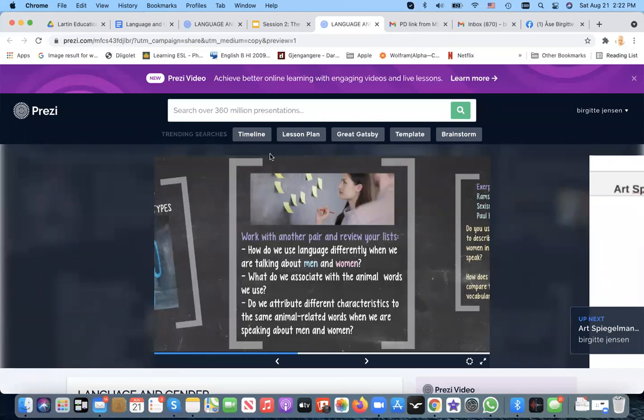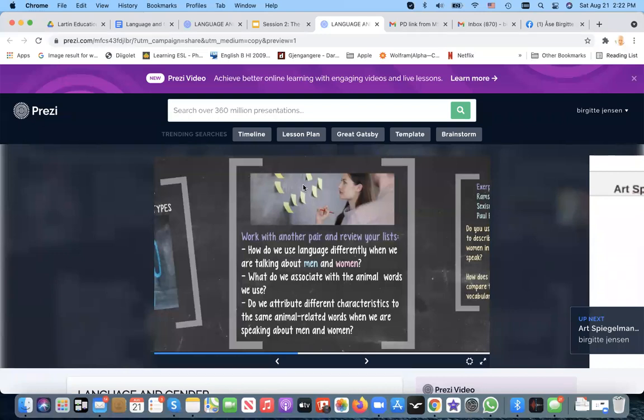So the intention of this exercise is to get the students thinking about the vocabulary we use and whether the vocabulary we use, if we use it consciously, is it sexist, or are there gender stereotypes embedded in our language, right?